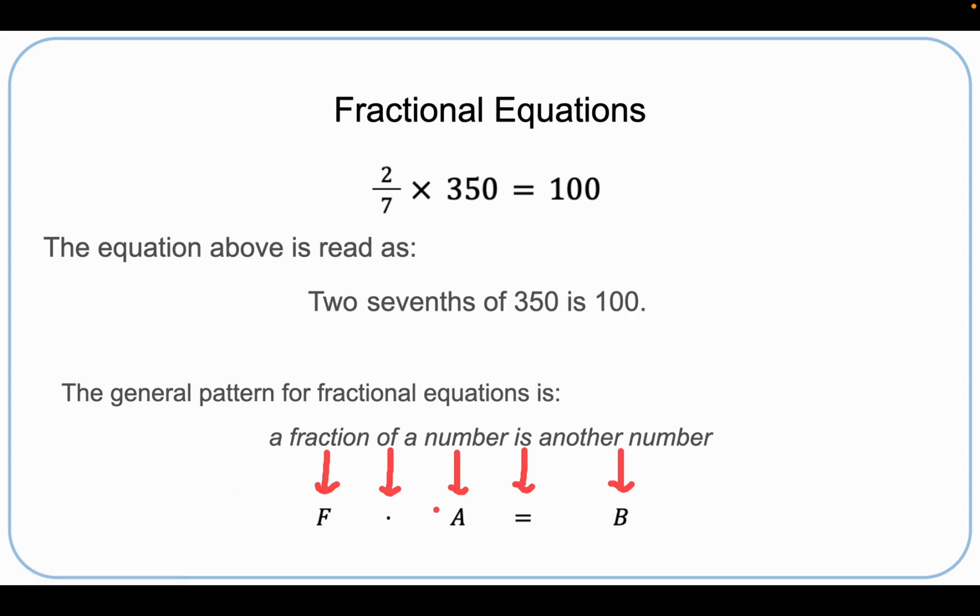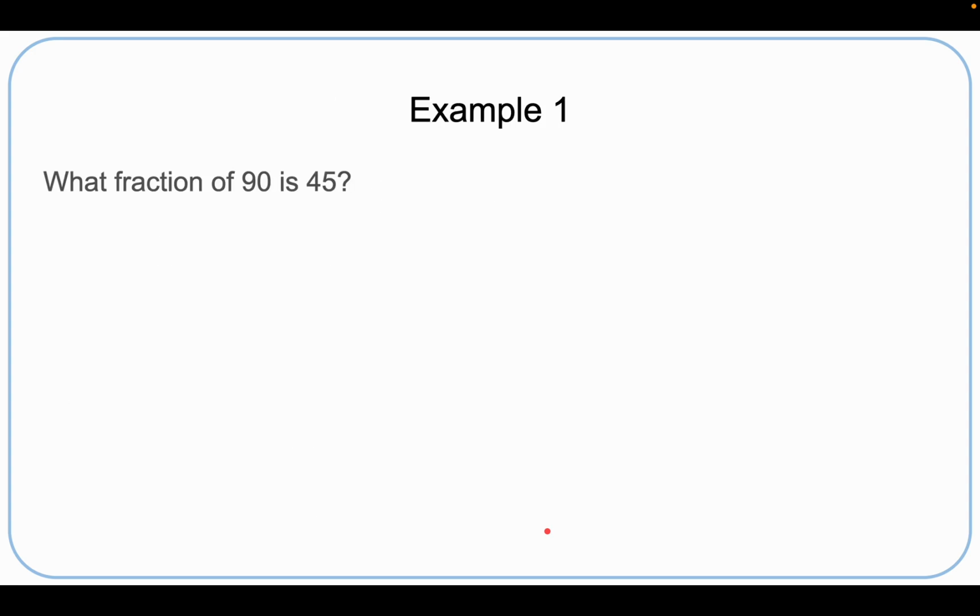So these are the parts of our fractional equation. So when we have problems with fractional equations, we just need to plug in the numbers that we know to solve for the unknown. So let's look at a few examples.